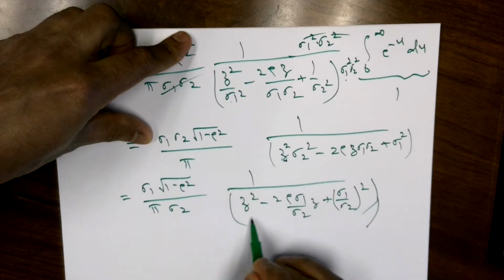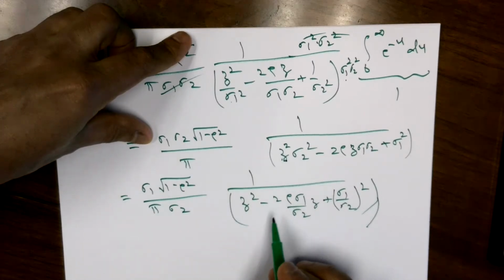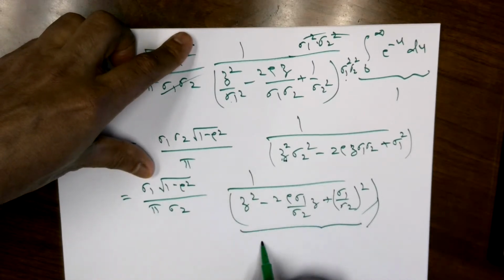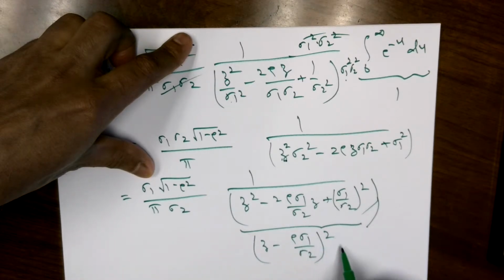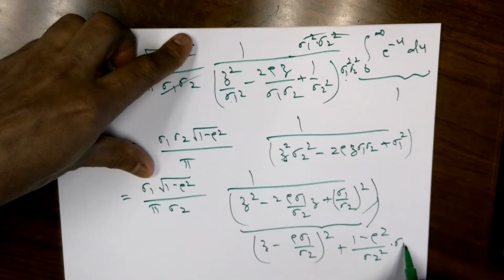So we can leave it like this, or I can do a little more simplification, because notice that this denominator can be written as z minus rho sigma 1 over sigma 2 squared plus 1 minus rho squared over sigma 2 squared multiplied by sigma 1 squared, this whole denominator.